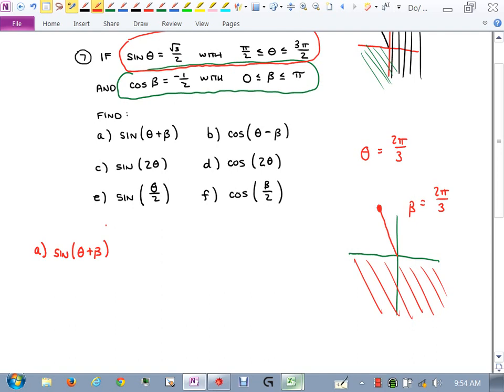Well, we look at our sum and difference formulas in the bottom left of our formula sheet. It says that this is sine theta cosine beta plus sine beta cosine theta.